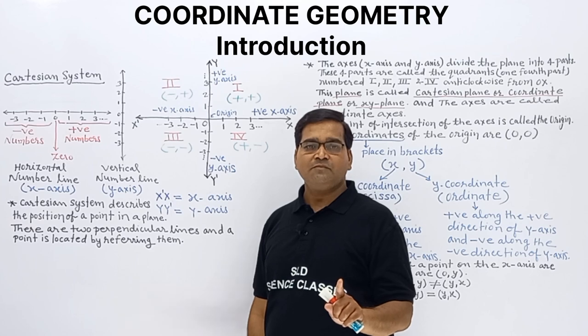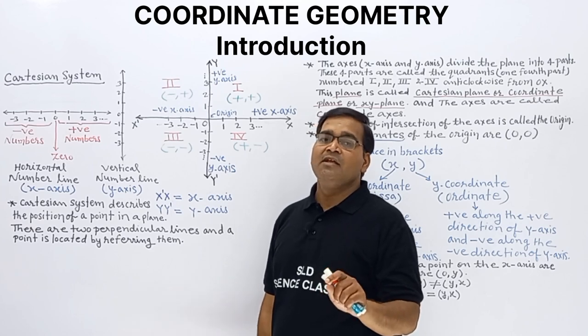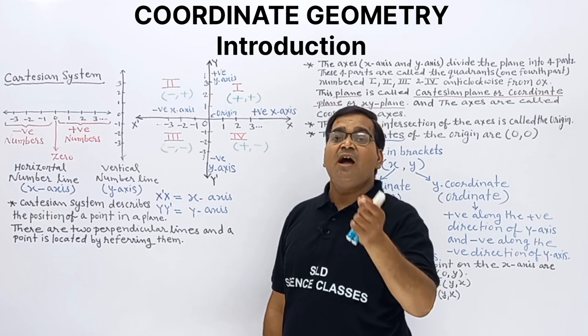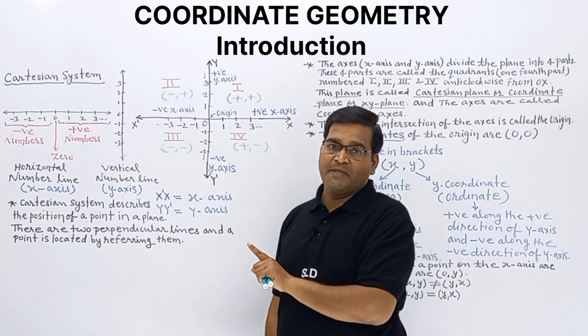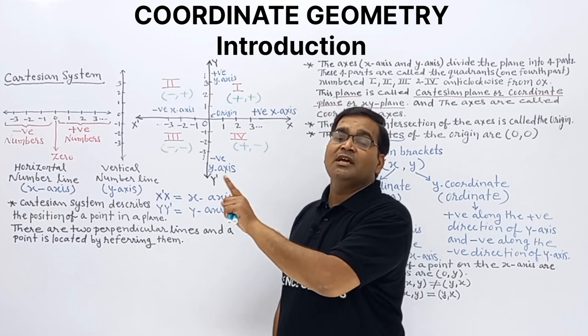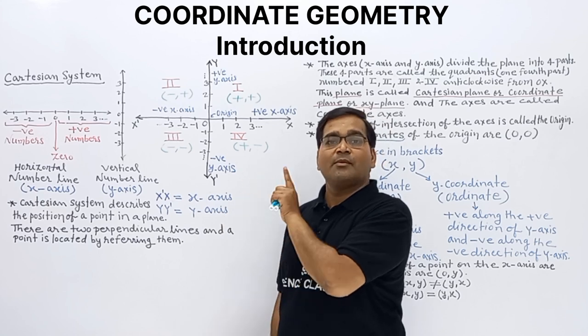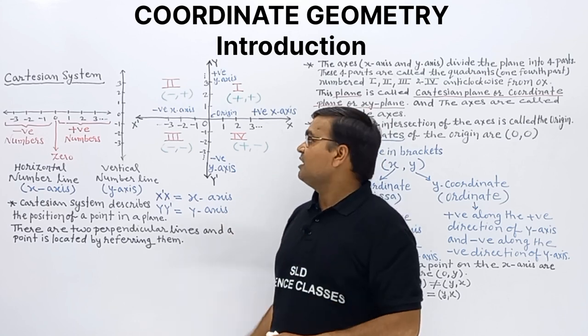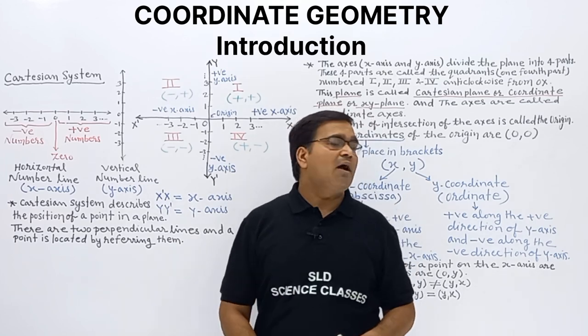Clear? So I hope you are getting it. I am showing the meaning of a Cartesian system and how we are getting this system. Simple. It comes from the horizontal number line and vertical number line, and both are intersecting at 0 perpendicularly. Then we are having this one. Clear?